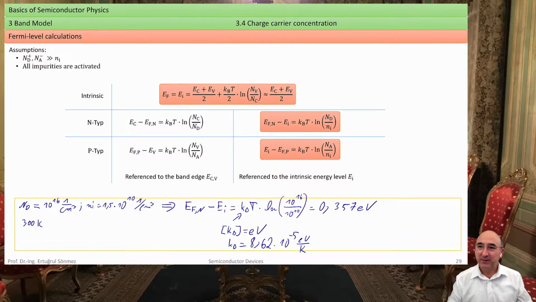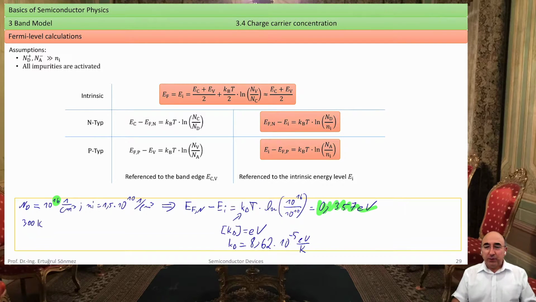Okay, Mr. Rauscher. Okay, thank you very much. So, a doping level of 10 to the power of 16 corresponds to a distance of just 0.367 electron volts to the intrinsic value. So it is very close to the center, you know?